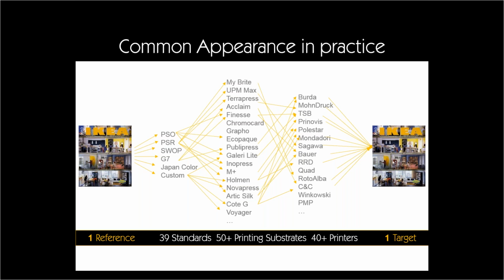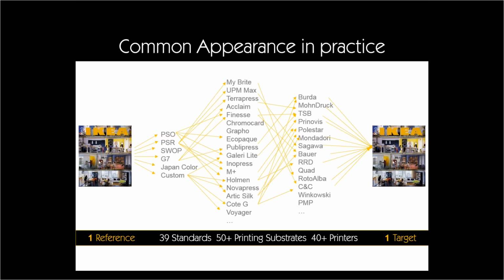Within these different printing standards, we have a whole bunch of production papers we are actually printing on. So even within my printing standard and in the same paper class, as you may all know, we still have differences in the paper tints.